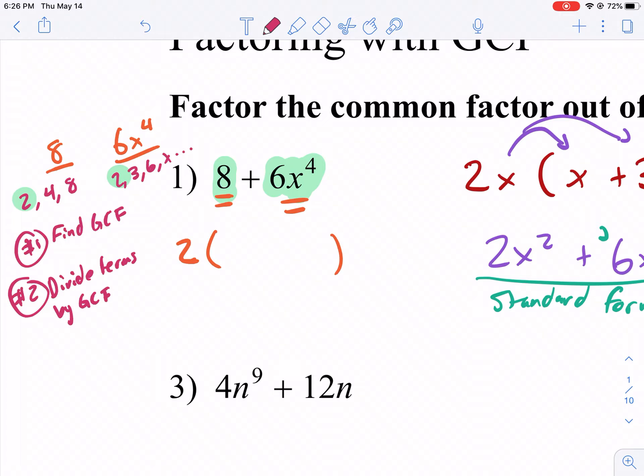So we find the GCF, we put that on the outside, then we divide the terms by the GCF. So this goes outside, this goes inside.